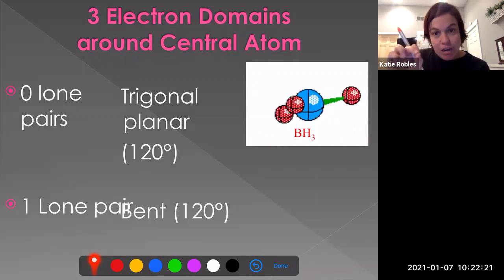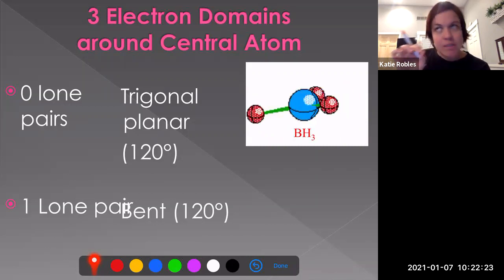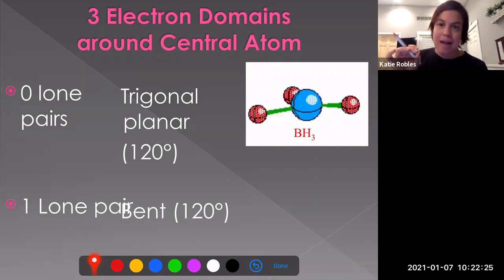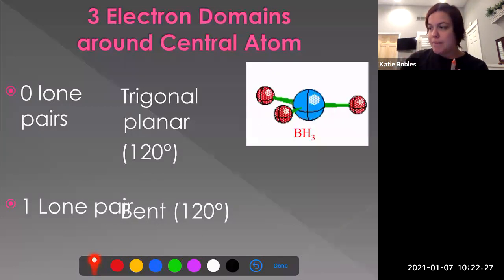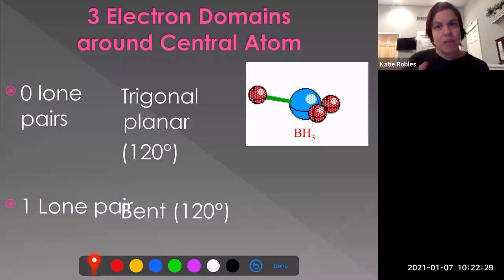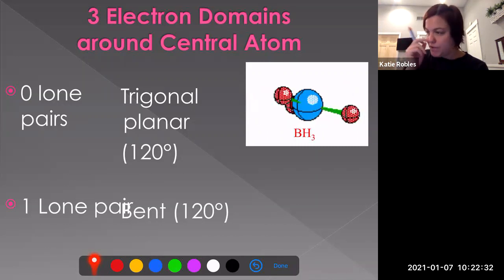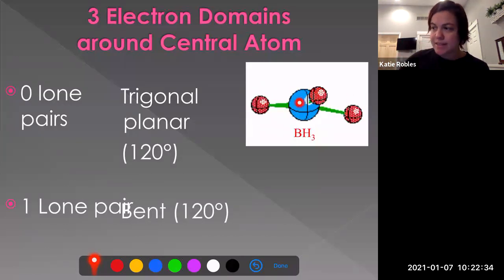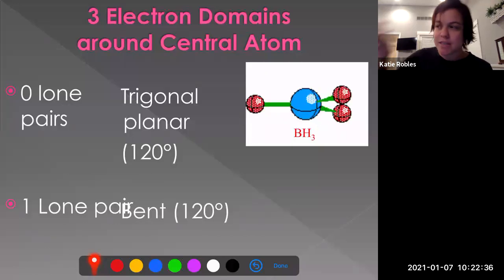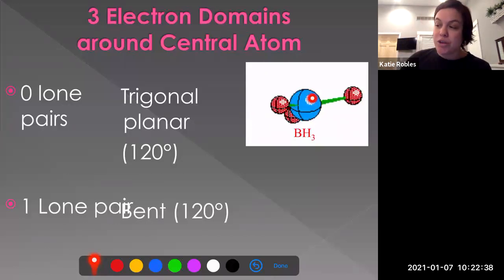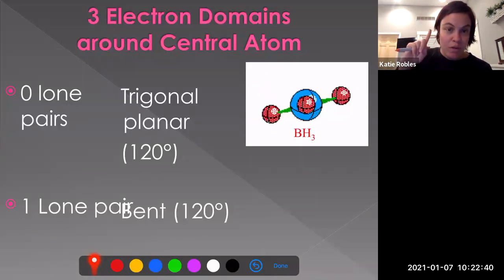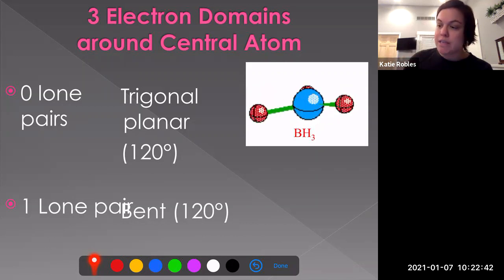I want to note here, it doesn't matter whether the bonds are double bonds or even triple bonds or single bonds. That doesn't matter at this point, and you'll learn more about those in the future. But this happens to be BH3, which is all single bonds. But we often see trigonal planar shapes with 1 double bond and 2 single bonds.